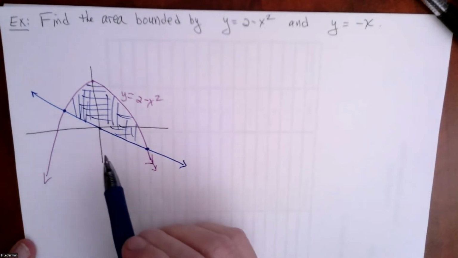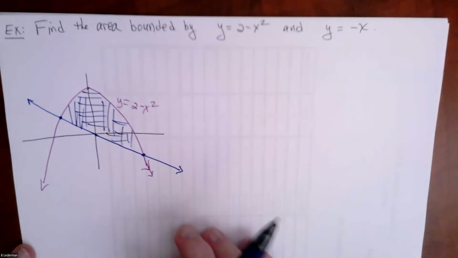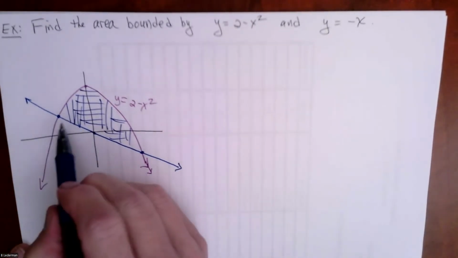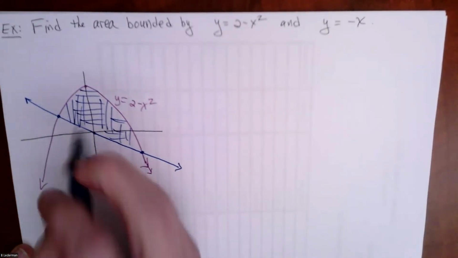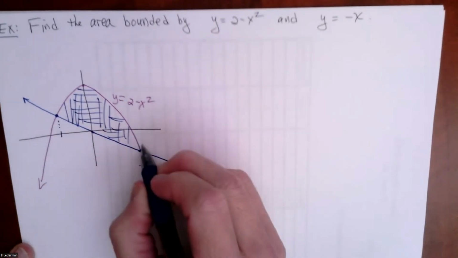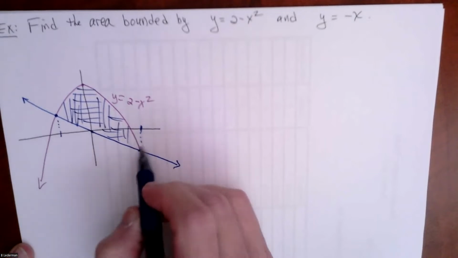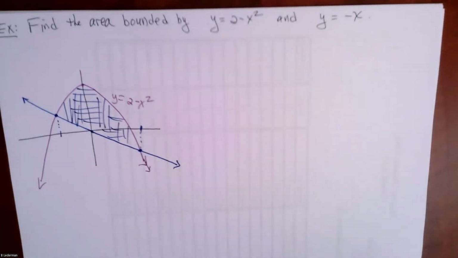The only thing we have to deal with right now is a little bit of algebra, because I'm going to take the integral from this x value to that x value, but I don't know what the x values are.